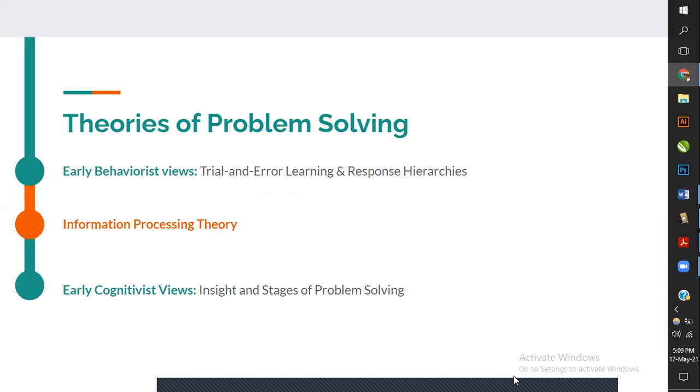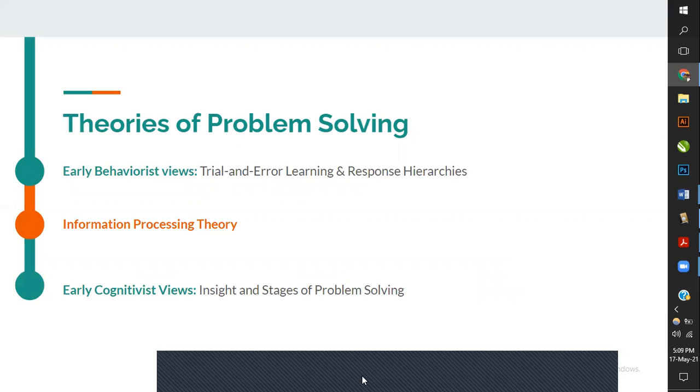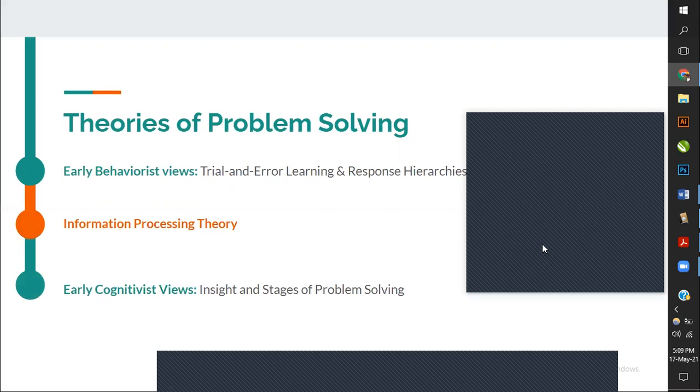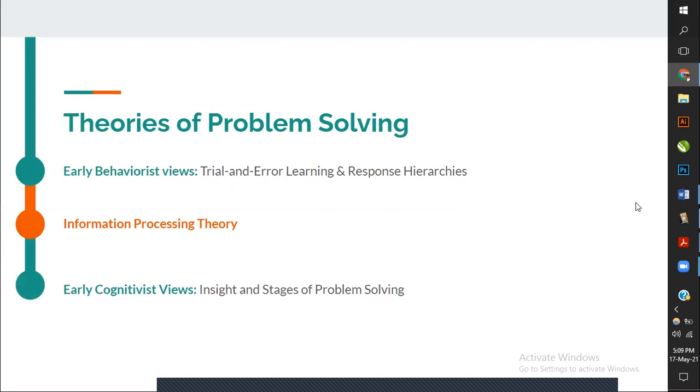Our third theory there was the early cognitive view. Wallace, from 1926, identified four steps in problem solving: preparation, incubation, inspiration, and verification. Preparation is defining the problem and gathering relevant information.